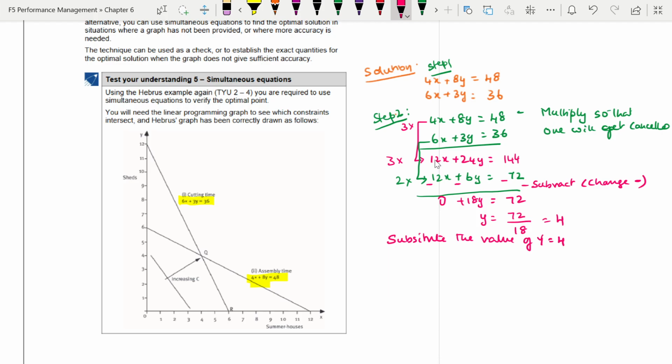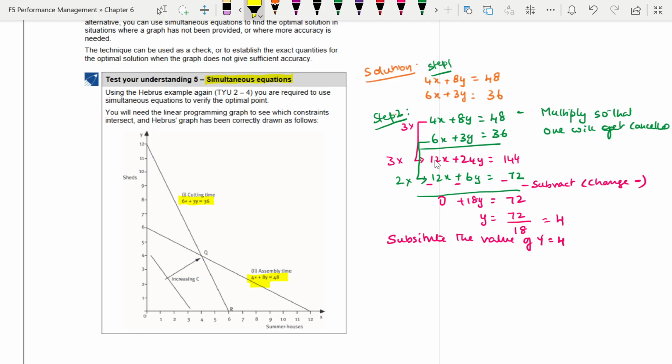In order to make 0, 4x and 6x cannot be made 0 directly. This is the procedure with respect to simultaneous equations, which means more than one equation. In order to make it 0, we have to make it equal.